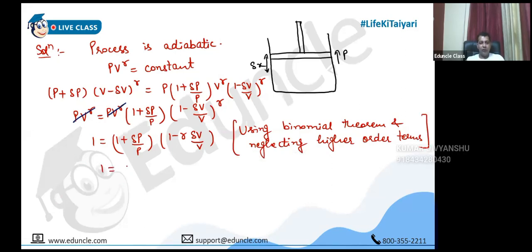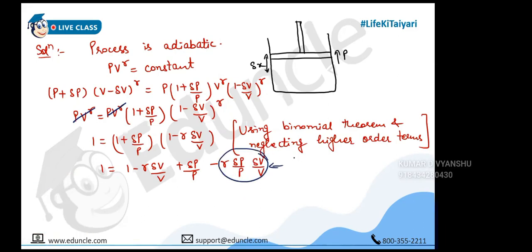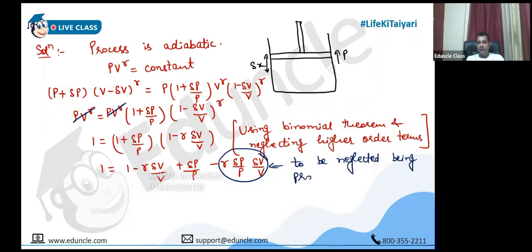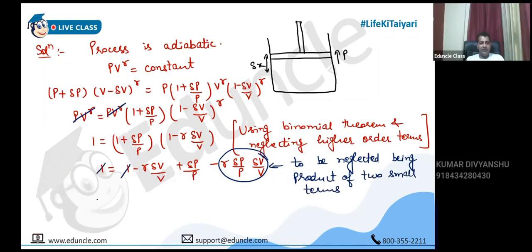Now we can multiply these, and we get one more term containing delta P by P. This is the product of two small quantities, so this one is to be neglected. So this 1 and 1 get cancelled, and we can bring this gamma term onto the left hand side. So this is the relation.